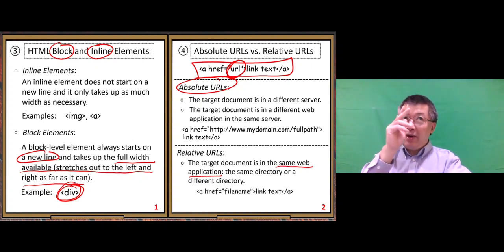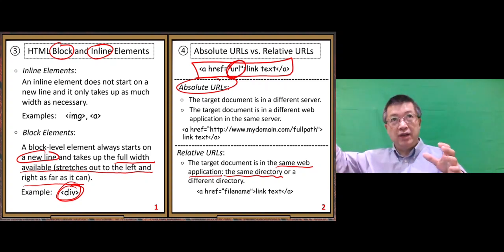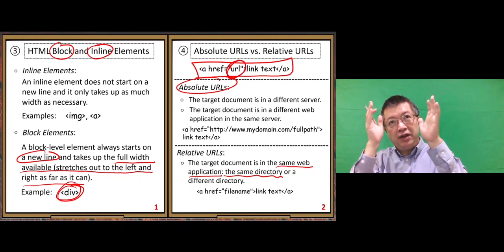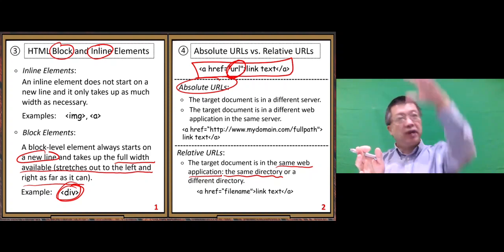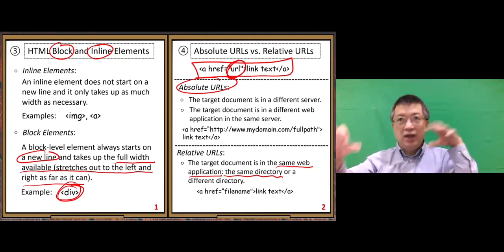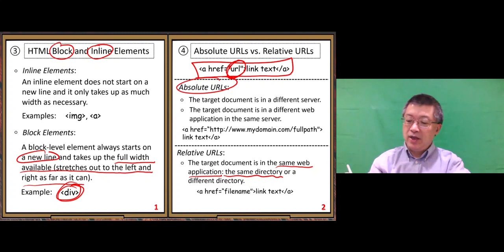There are two possibilities. One, in the same directory. Even in the same web application, you may use different directories. If the current document and the document to be referenced are in the same directory, then that's the easiest.